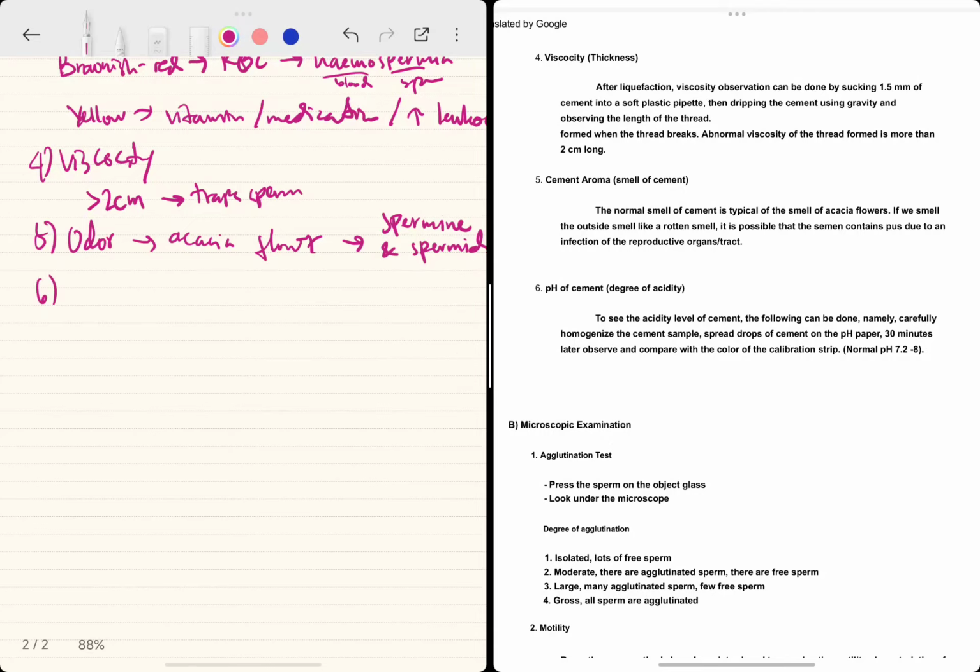And then the last one is the pH. We just put the pH paper in and wait. The normal is 7.2 to 8.